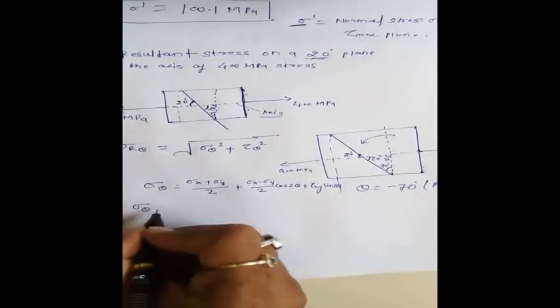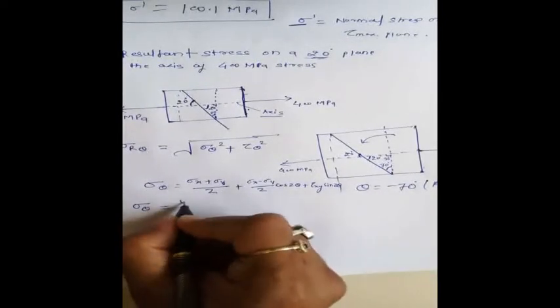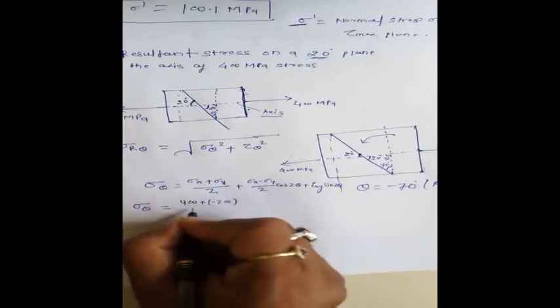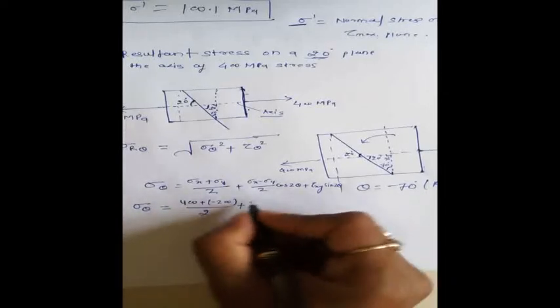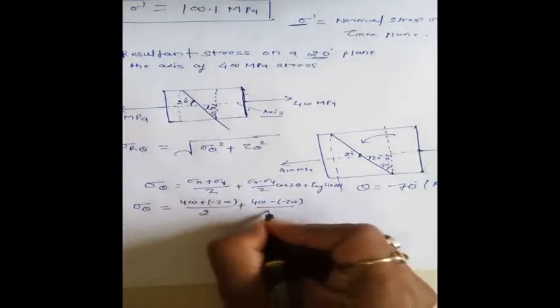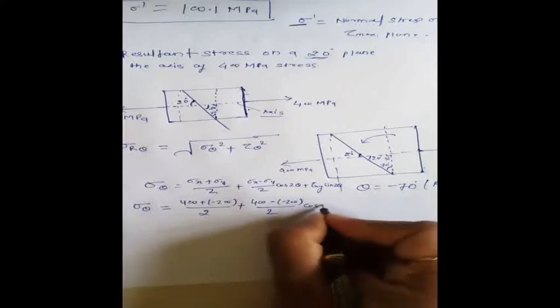So this is the formula for the sigma theta. Now to find sigma theta, you have to put the values. Sigma x is 400 minus 200 by 2 plus 400 minus of 200 by 2 cos 2 into theta, here minus 70 degree, minus 100 sine 2 theta, minus 70 degree.